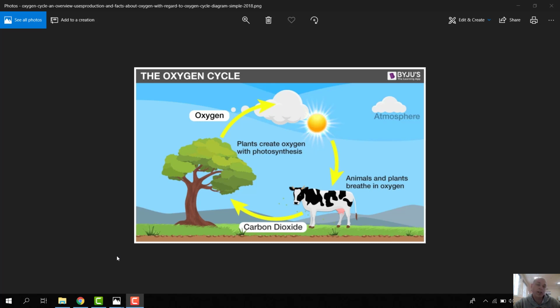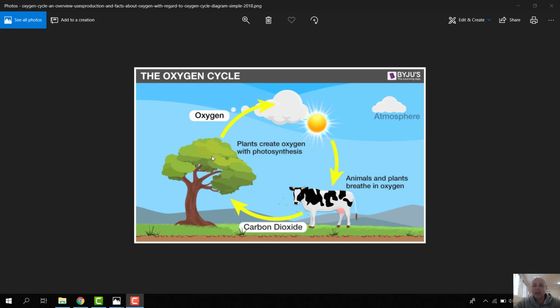We've talked about oxygen being produced during photosynthesis, but necessary for living things when they go through cell respiration, which is harvesting energy from their food. We need the oxygen as part of that process. So you see a much simpler loop here, a much simpler cycle.